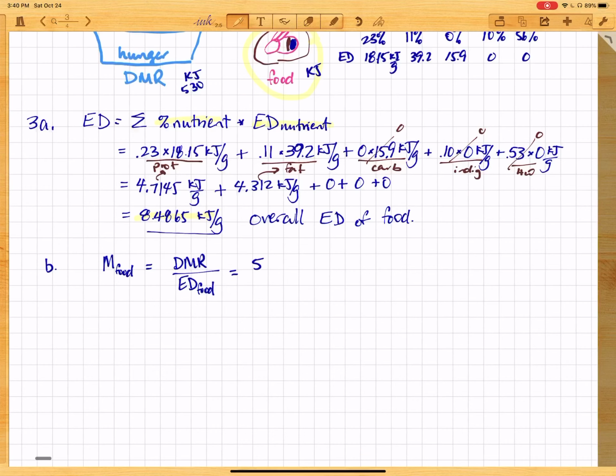So that's 530 kilojoules divided by 8.4865 kilojoules per gram. And that comes out to be 62.452 grams per day.